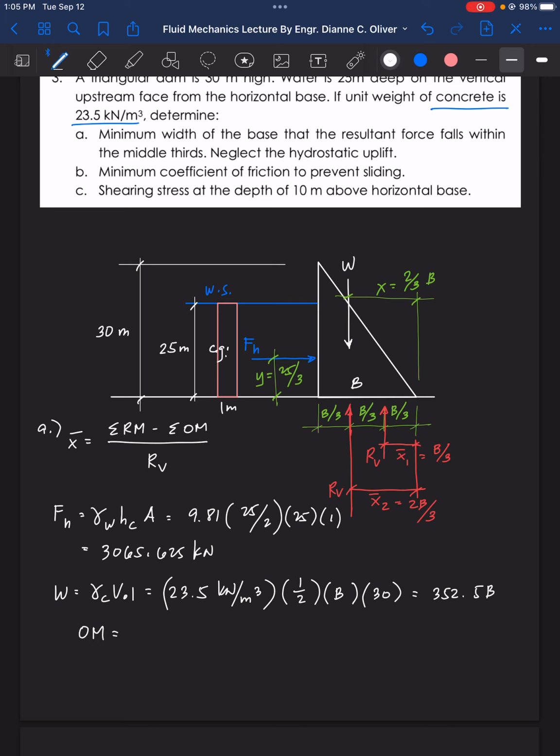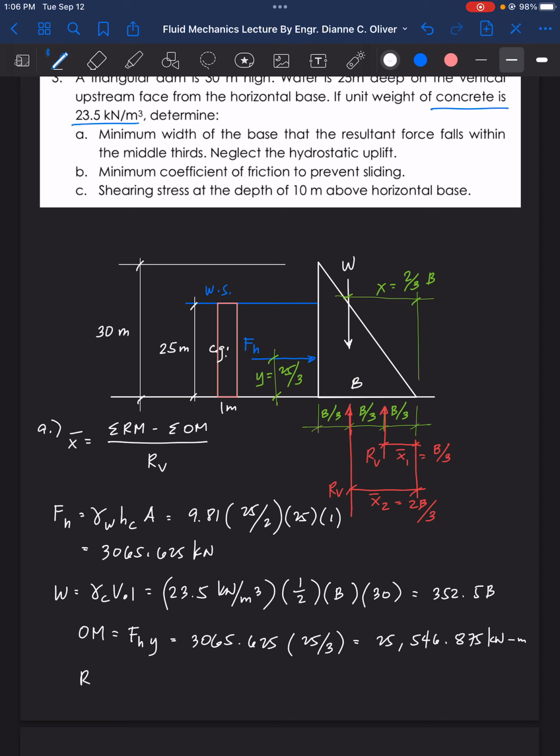The overturning moment here is FH times Y, which is equal to 65.625 times 25 divided by 3, so that is equal to 546.875 kilonewton meter.